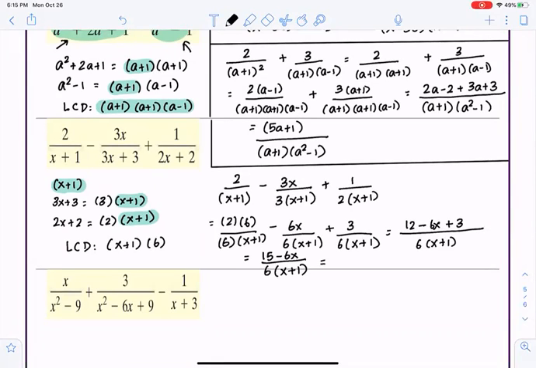A 3 is in common between 15 and 6. So if I pull the 3 out, I have 5 minus 2x divided by 6 times x plus 1. We can cancel the 3 and the 6 to get 2. So the final answer is 5 minus 2x divided by 2 times x plus 1.